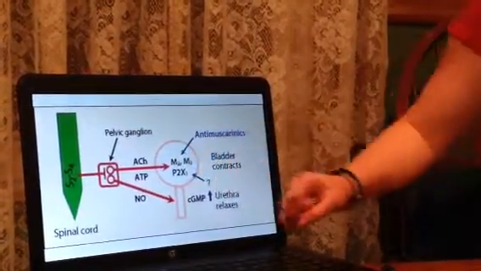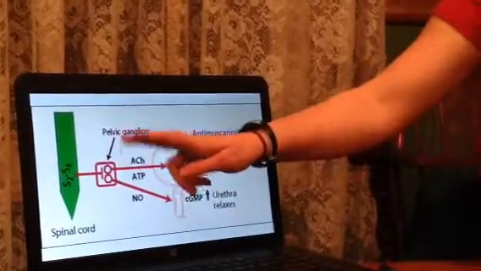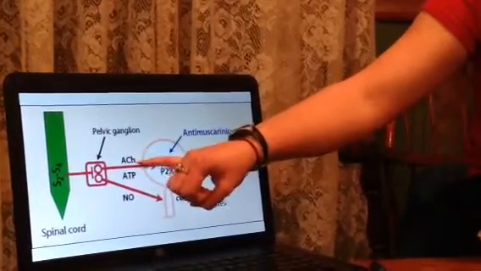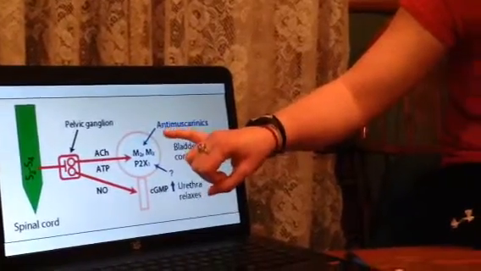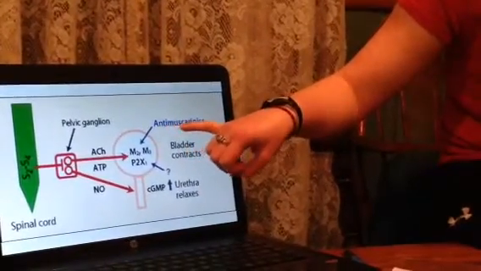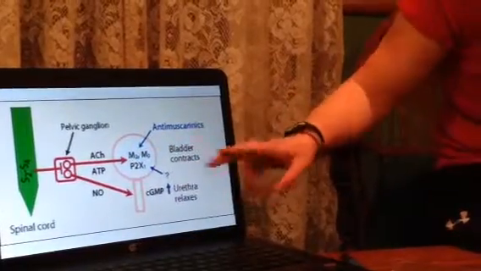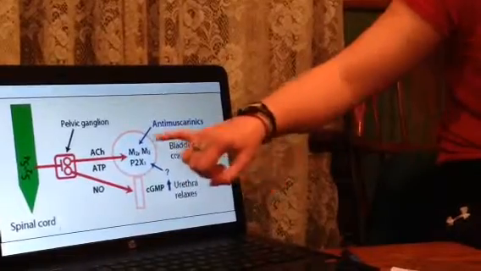Okay, so here's a picture of it right here. Here's your spinal cord in the sacral region, and over here is the pelvic ganglion. And so acetylcholine and ATP are energy. So they come over here to the muscarinic receptors, this is like the receptors I was talking about. And since they excite the receptors, it causes the bladder to contract.